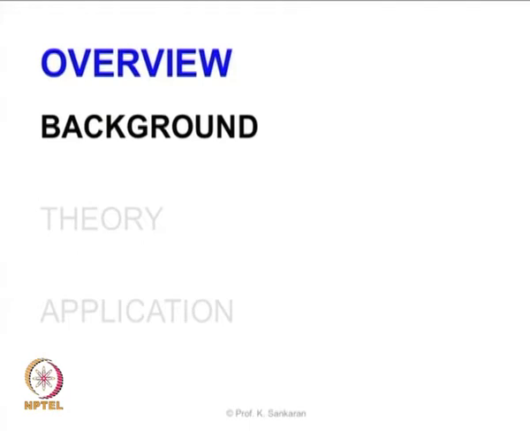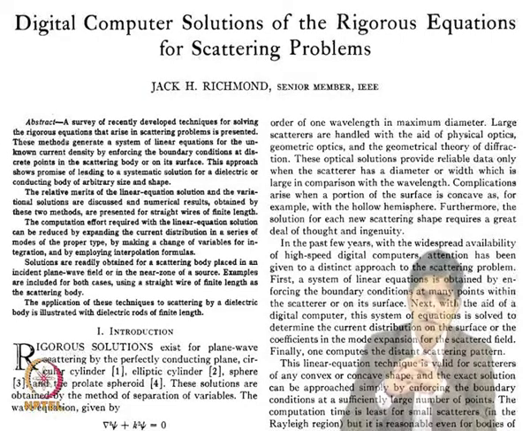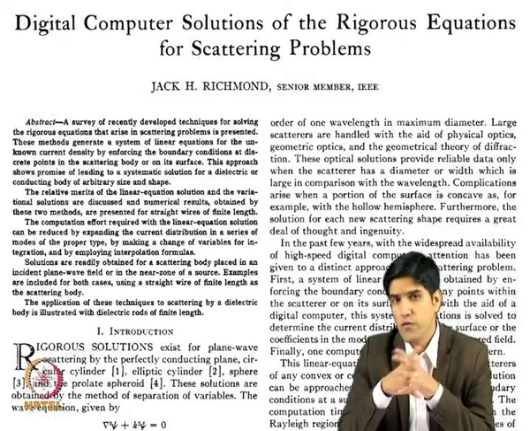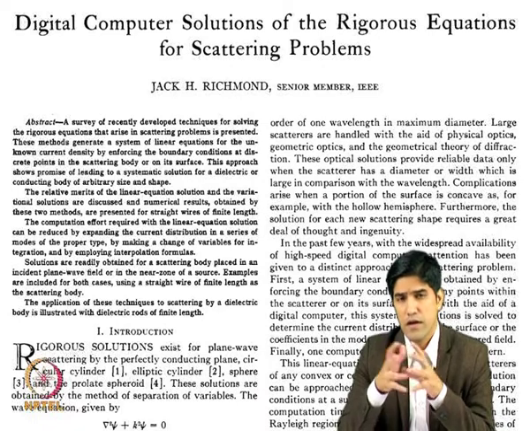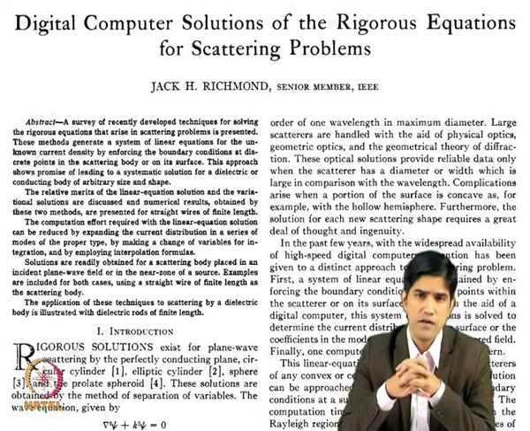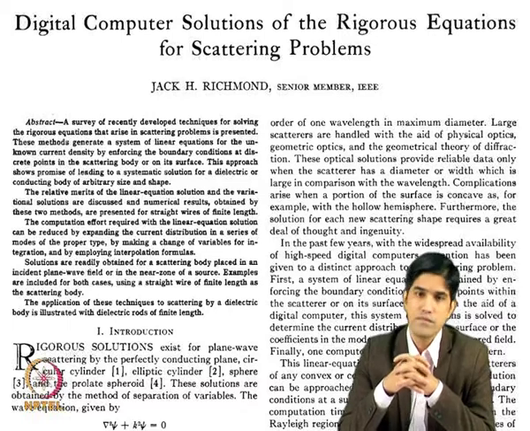The method of moments actually started in 1965 by G.H. Richmond, who introduced this method to the engineering electromagnetics community at large, mainly for scattering problems.